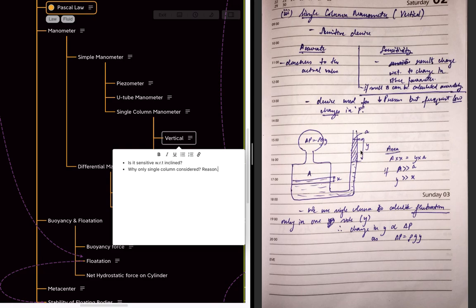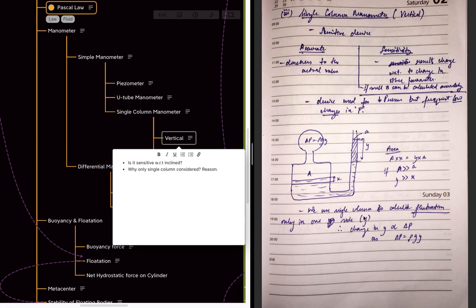So this is the single column manometer, as you can see. We want to calculate the pressure at this point. This is another fluid with higher density, for example mercury, and there is another fluid here. When there is a change in pressure, this fluid level will increase.